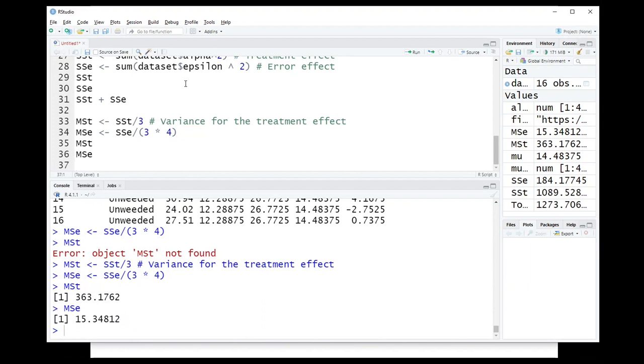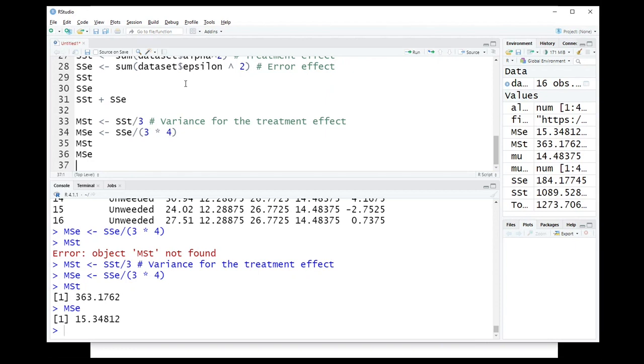Now this is a very important passage. So we have partitioned the deviance in 2 parts. One is due to the treatment and one is due to the random term. These 2 deviances cannot be compared because the number of degrees of freedom is not the same.